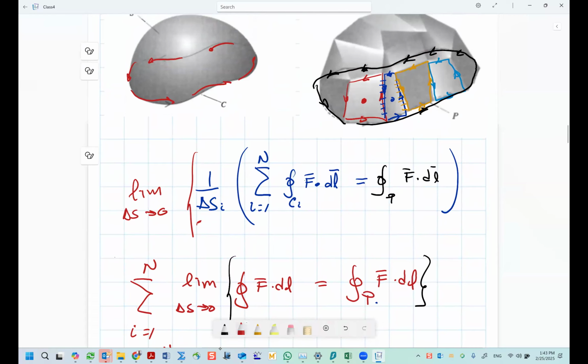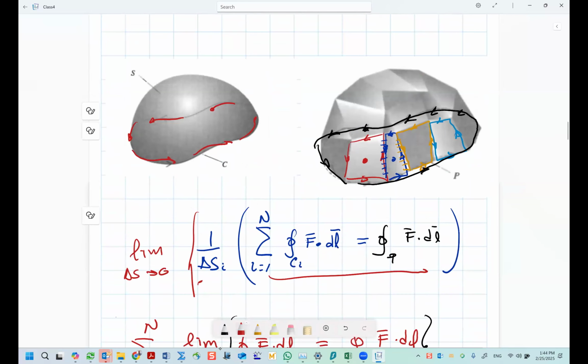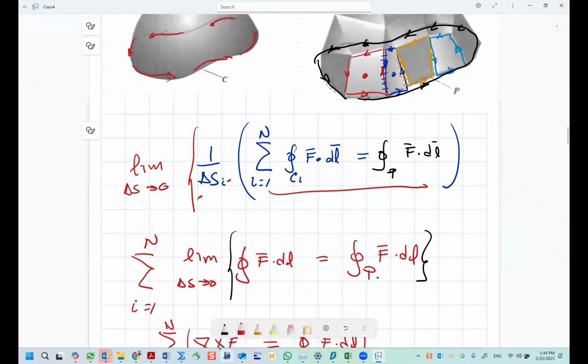So I am dividing here, right? This integral is okay, right? Then when I put the delta S here, I need to put it over here. Delta Si. All right. That is okay. Now it's fine. I think now it's going to be correct.